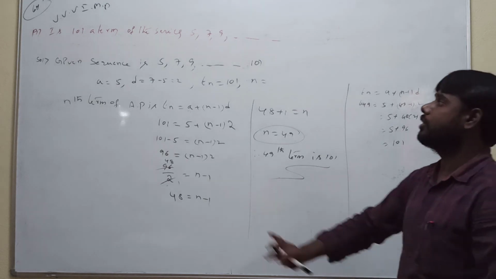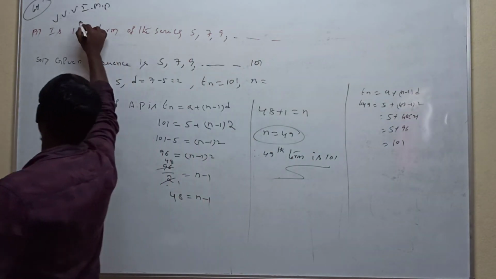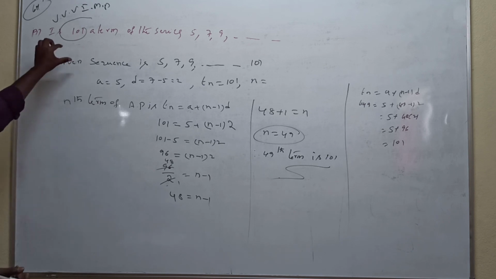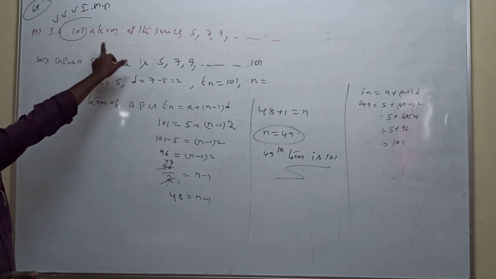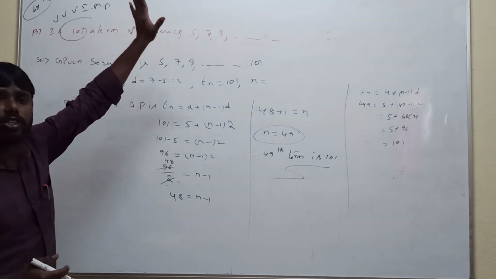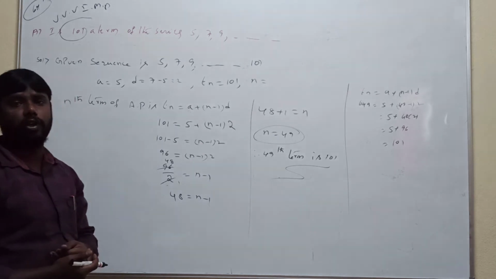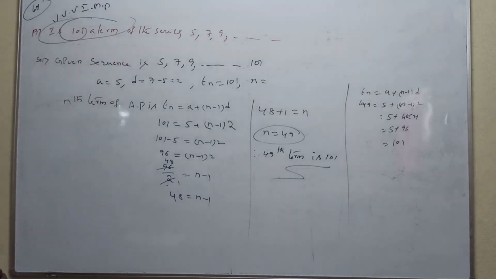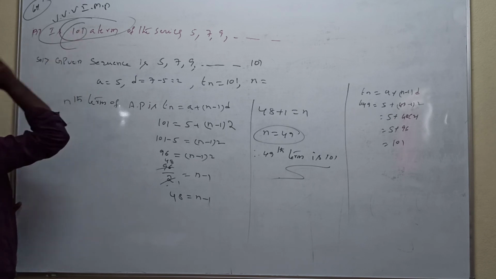That's why, when the given sequence asks which term 101 is, it means to find the n value. Don't get confused here. In the before question, the term was given and you had to prove the sequence. But here they directly give the 101 term, which means we don't know which term has the value 101, so we calculate the n value.